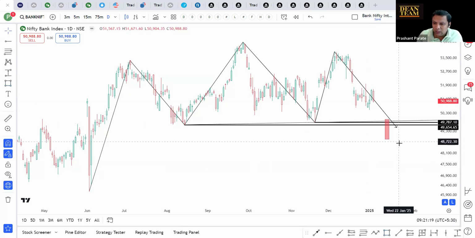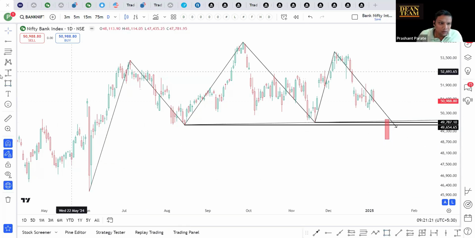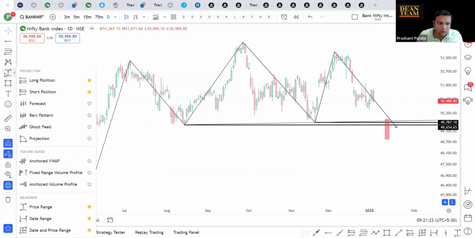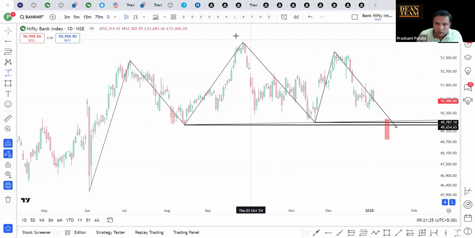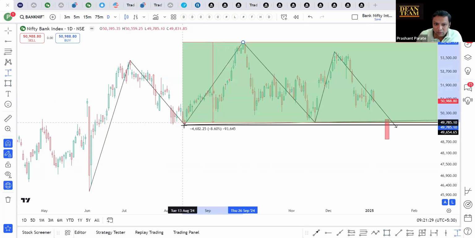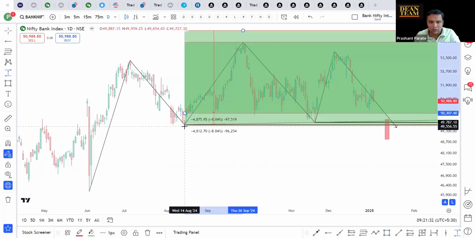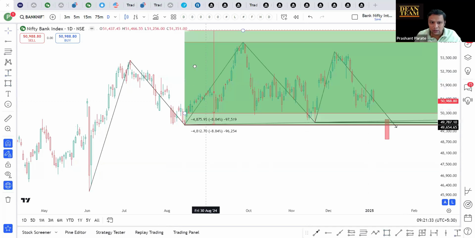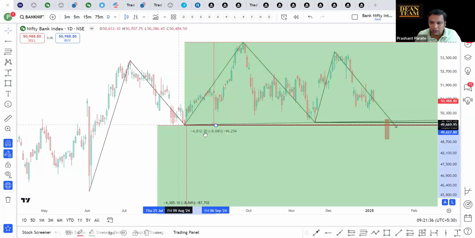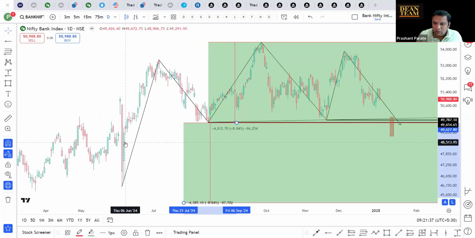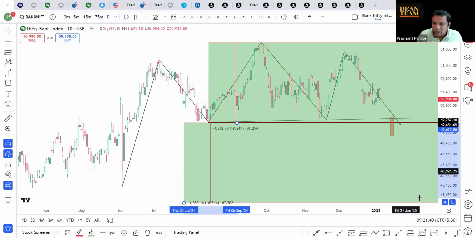There will be a breakdown and prices can complete the target of the head and shoulders like this. If this is 4,800, the target is the same distance again. So if a candle closes below this, then you will get this target.